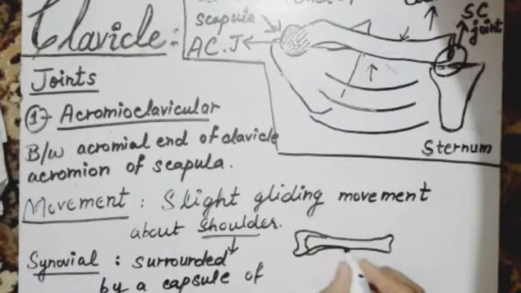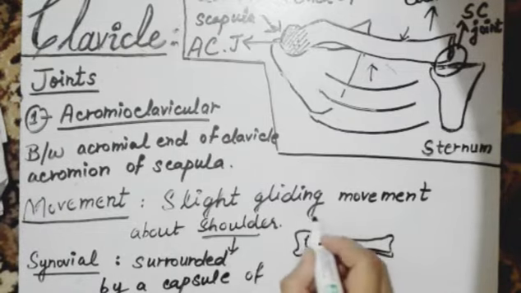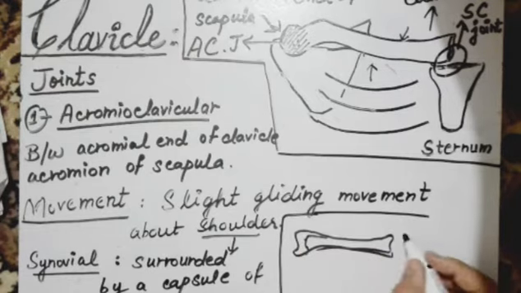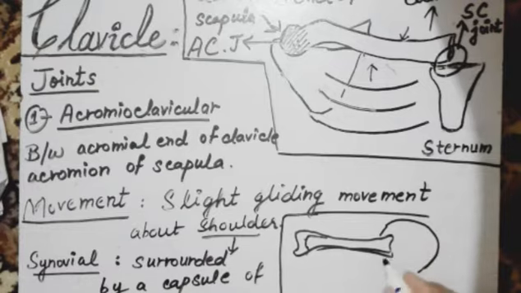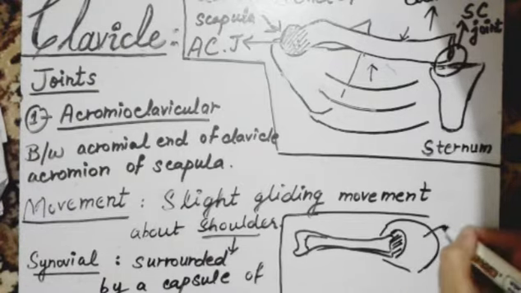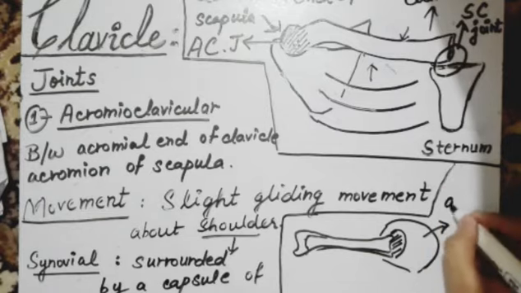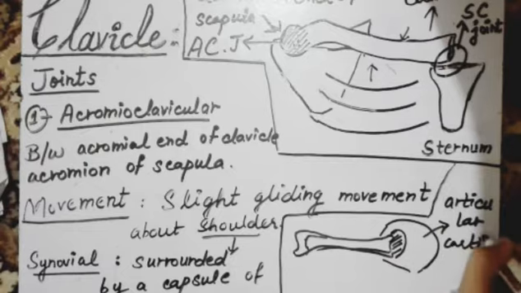Now let me just draw a diagram. This is your clavicle and this is the shoulder, and it is covered by a cartilage. The one I drew outside is the articular cartilage, a protective covering for the joints.